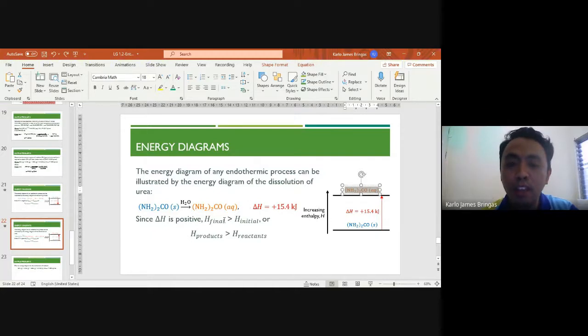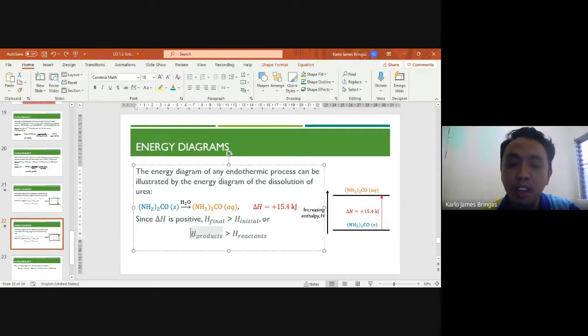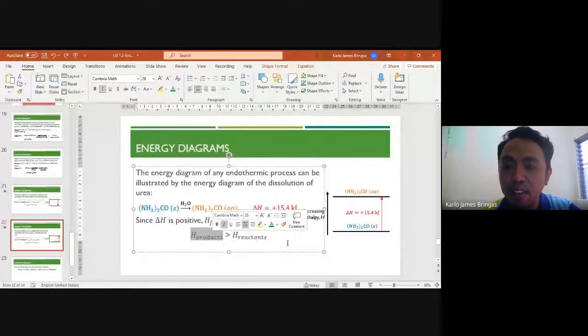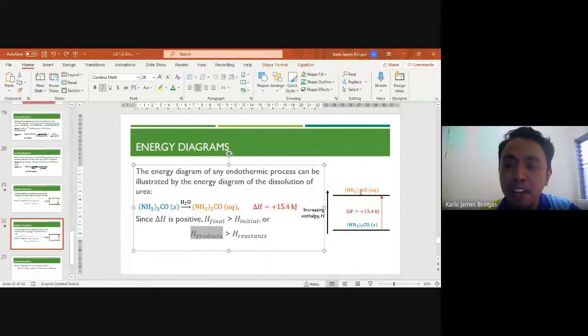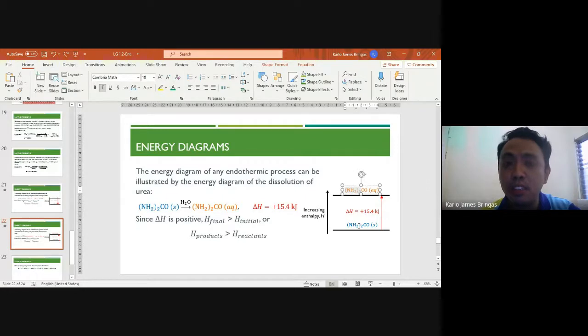We have to look at the value of delta H. Since delta H is positive, it tells us that the enthalpy of the products is greater than the reactants. Whichever is greater, that's the one we write on the upper layer, and whichever is lower in enthalpy, we write at the bottom. The arrow is always written from the reactant pointing towards the product. To complete this, we have our value of delta H, which is positive 15.4 kilojoules.